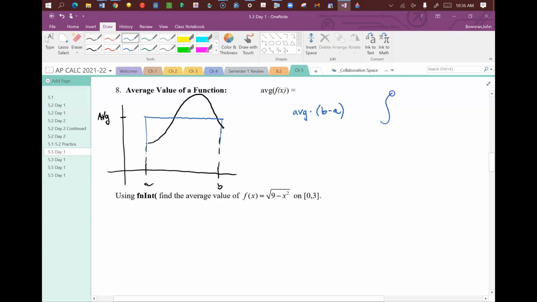Well, it's a little bit hard to see, but if we were to integrate the function from a to b, what we would find is we would find this area right here that I am going to shade in blue, okay? And, oops, sorry, forgot to shade that part above the average value.